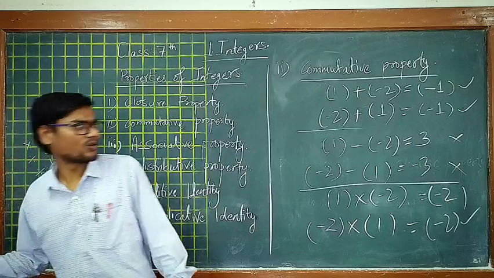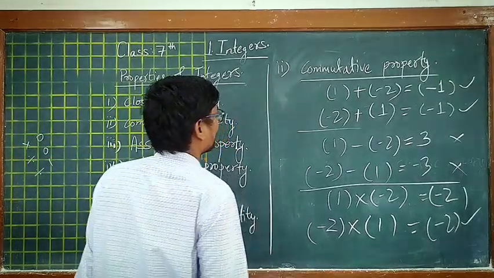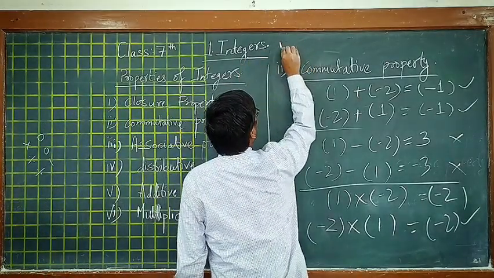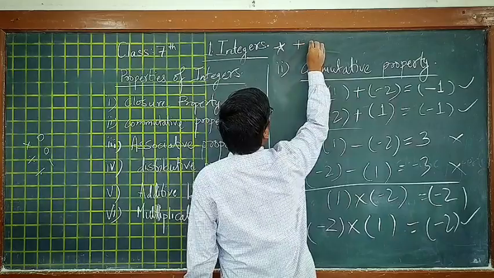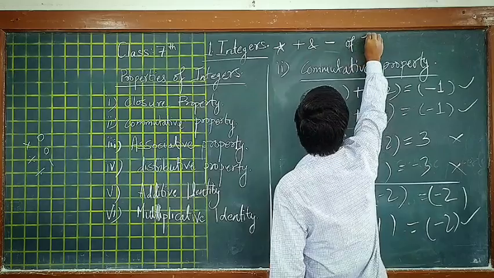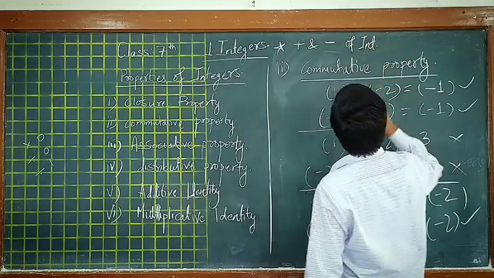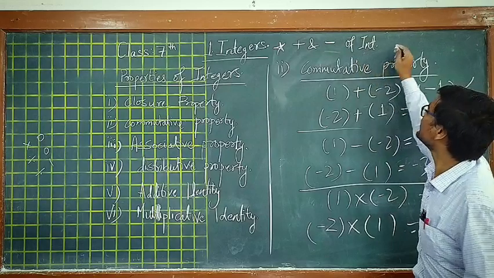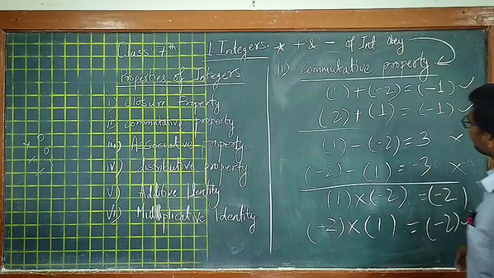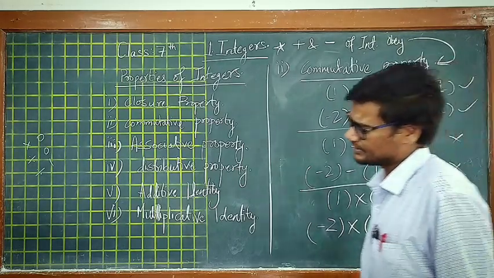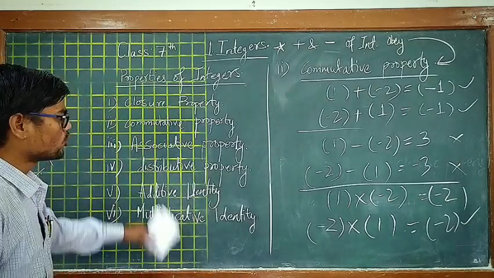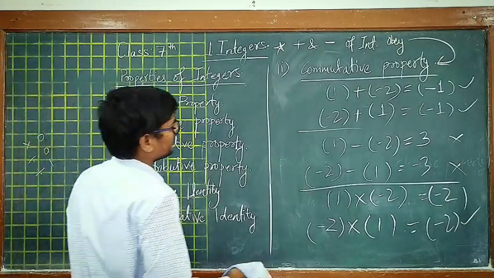Let me write here: addition and multiplication of integers obey the commutative property. Now let us move on to the next property, the associative property.